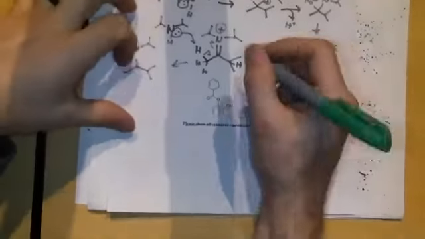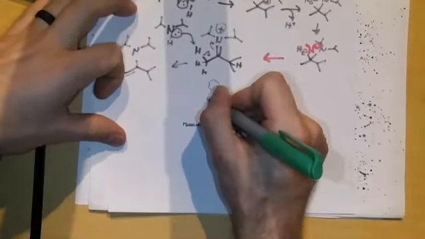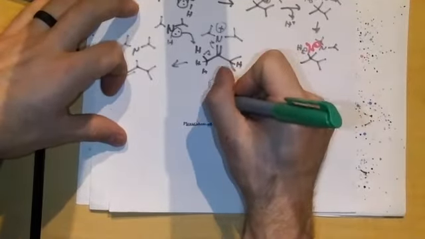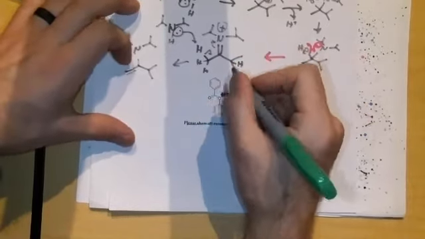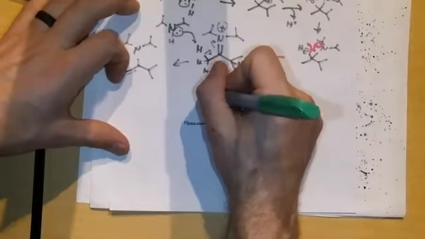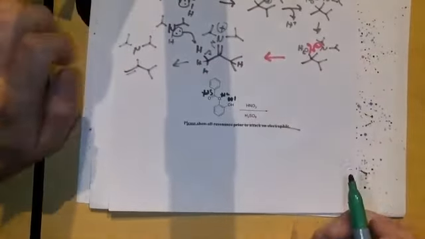We have a number 1 group for this O, the ester here is going to be a group 2. On this ring, we have a group 5. So this ring has the group 1, that's the one we're going to use.